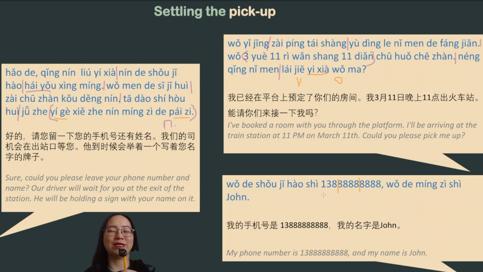We normally will say 幺. And that's a very fun culture fact. 138, 138, and the rest, can you read by yourself? Excellent. I know you made it. And 我的 my, 名字 name, 是 is John. And you probably would like to spell your name for them.